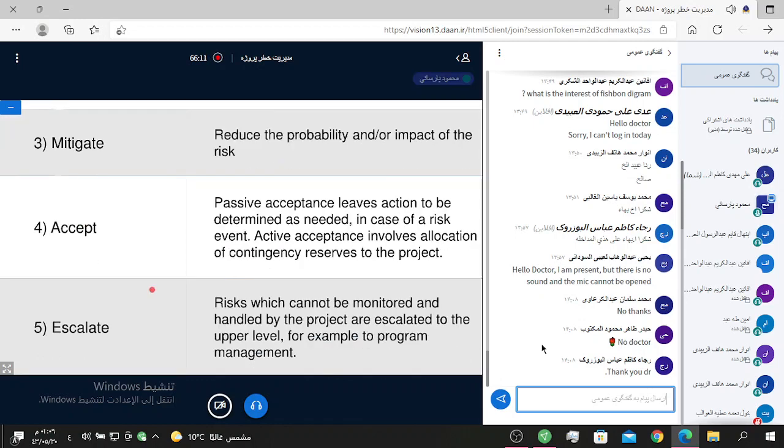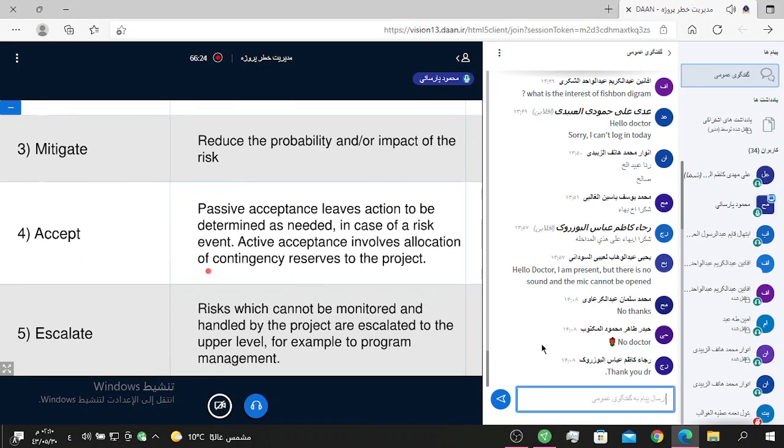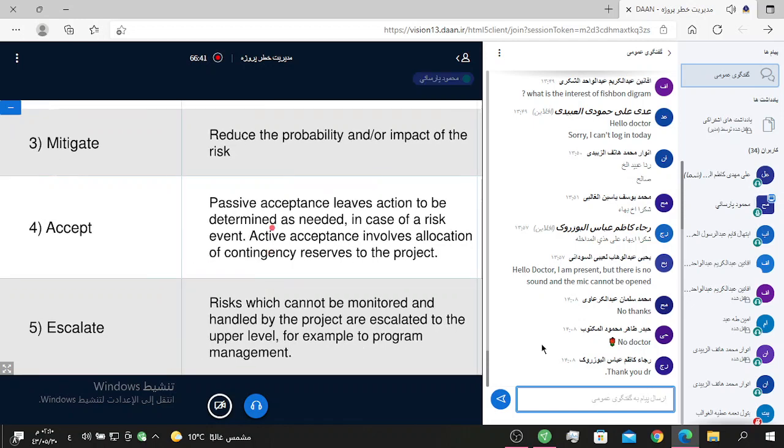And acceptance leaves action to be determined as needed in case of a risk event. Active acceptance involves allocation of contingency reserves to the project.